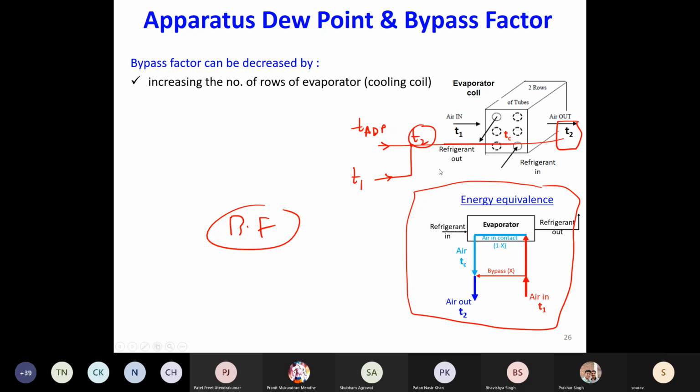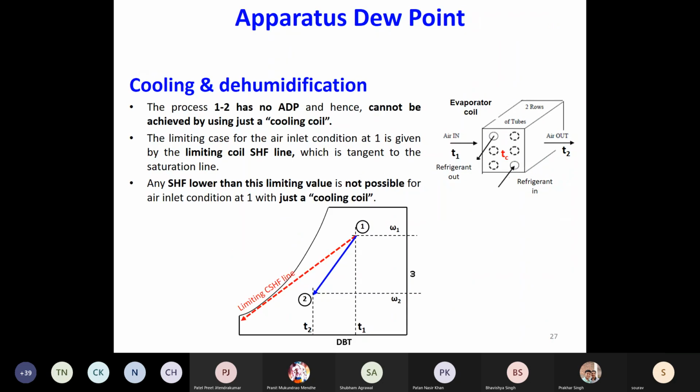So this is what industry means by bypass factor, whereas in academia we are more introduced to the terminologies of effectiveness and efficiencies. It is slightly different, but they are just complementary terms. Then I think I have already discussed briefly in the last classes.